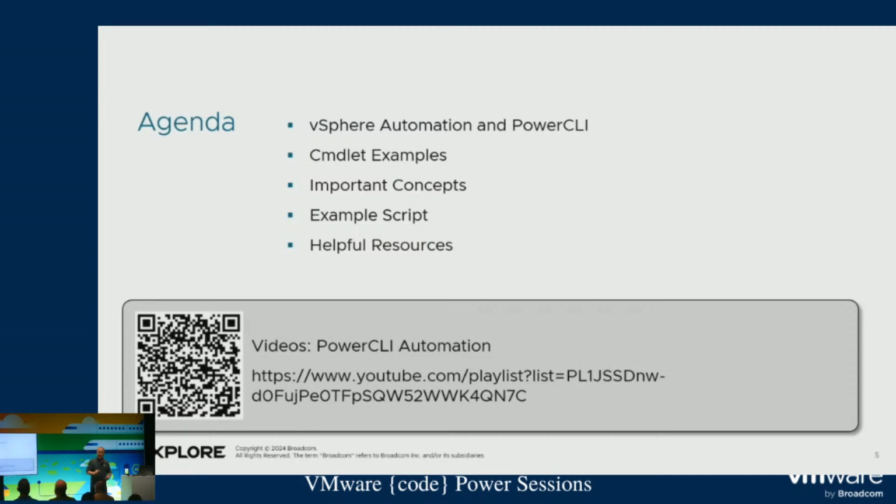In the third section, we're going to talk about several important concepts to understand from the PowerShell world. Then in the fourth section, I'll give you an actual example script that shows you essentially the basic structure that you will need whenever you do anything in PowerCLI. And then finally, I'll point you to some helpful resources.